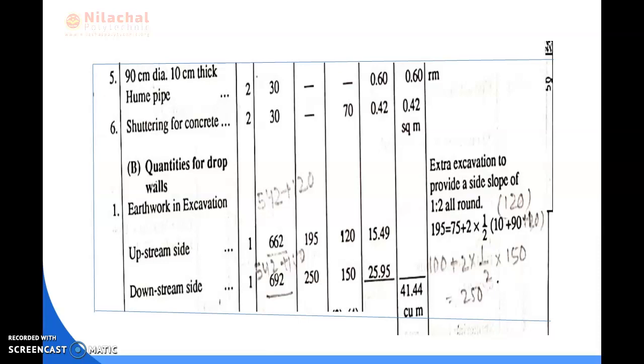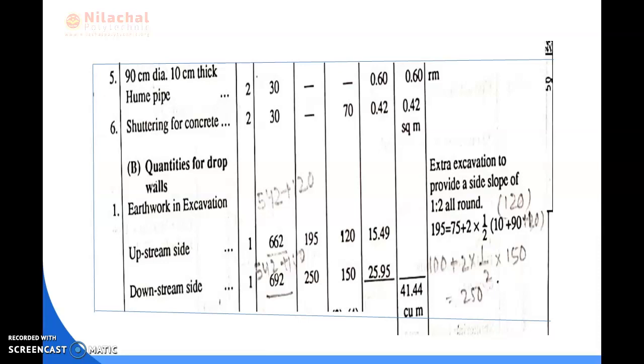In the case of the drop well, we also consider it. In the case of the barrel, the extra 1:2 slope is added in breadth, but in the case of the downstream side and upstream side drop well, we add the extra side slope in length also.